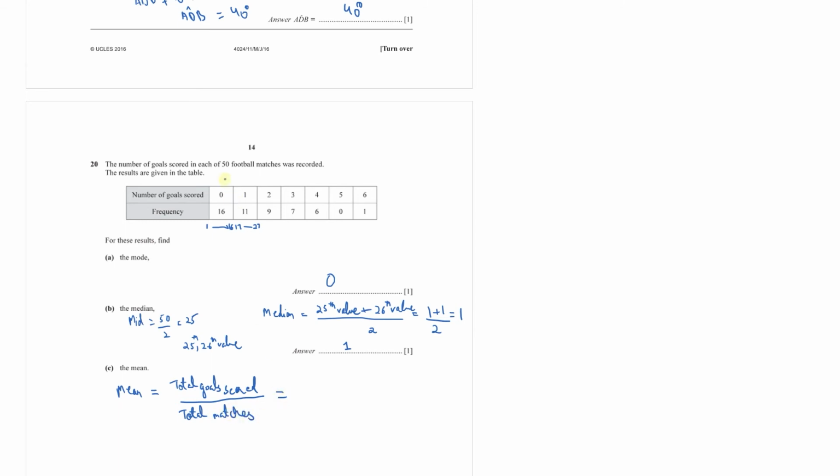You're already given that the data is for 50 football matches, so your total matches is 50. To find the number of goals scored, you have to multiply the frequency with each value given in the table. So 16 times 0 is just 0. So 16 times 0 plus 11 matches with 1 goal.